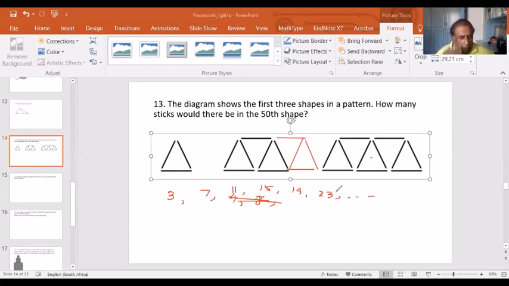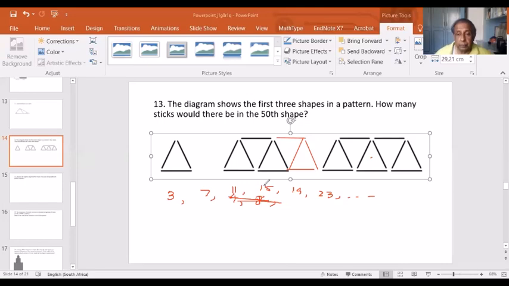So once you figure out how each one is obtained from the previous one, and we see that you can obtain it by adding 4 sticks, you simply had to add 4 to the original number 3 to get the number in each shape in this pattern.